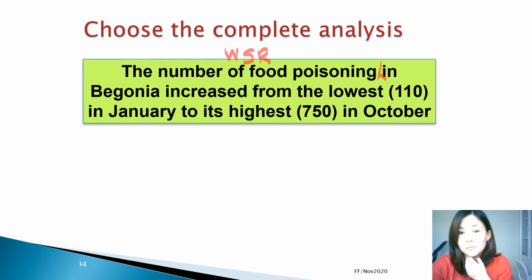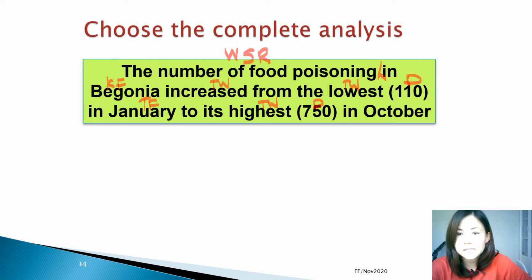You are supposed to talk about the cases, but when the word cases is omitted from the sentence, this is a wrong subject reference. Even though the key feature, the trend word, everything is present, you will not be given any marks for that.